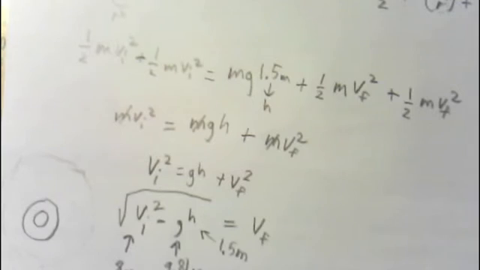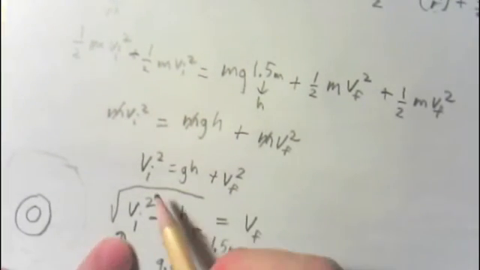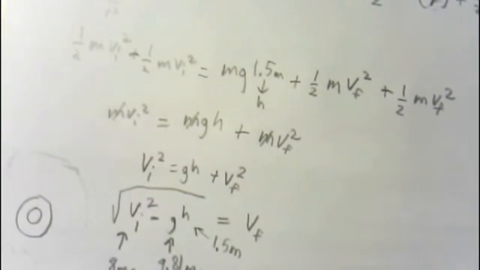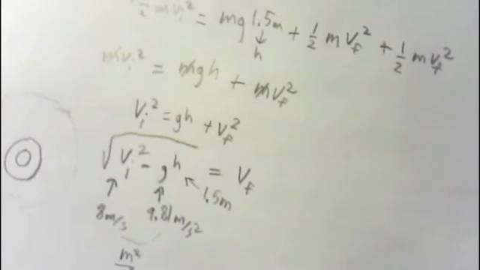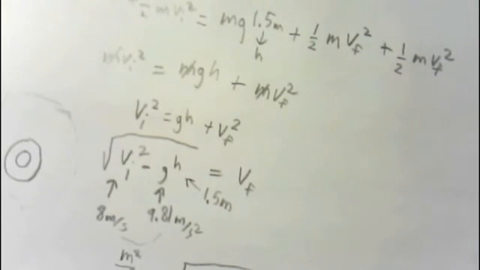Awesome. Let's go to it. So 8 squared is 64, minus 9.8 times 1.5 is 14.7, let's say 2. And we're going to square root both of these combinations, and we're going to get the final.